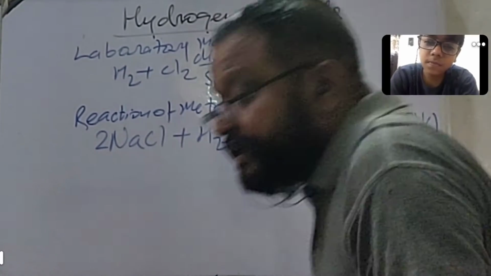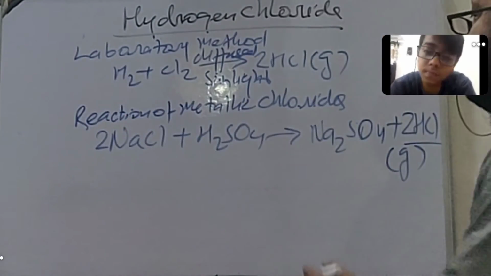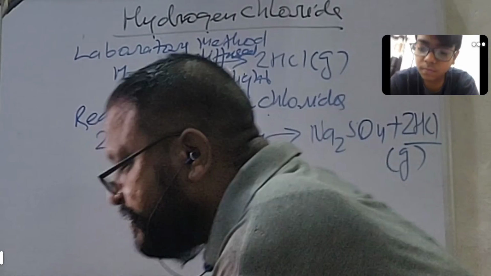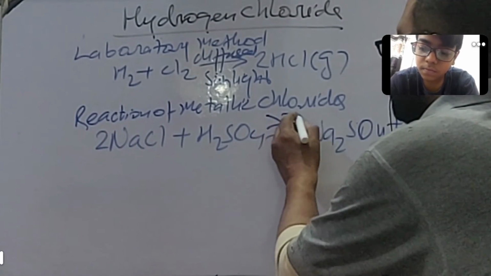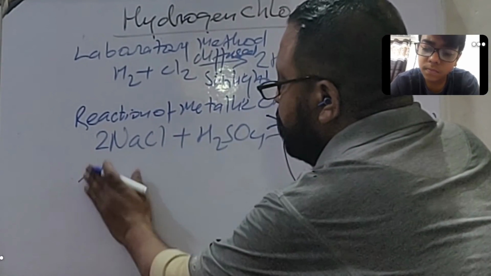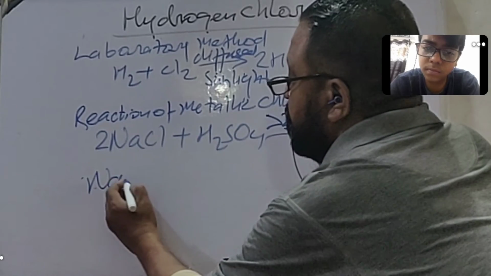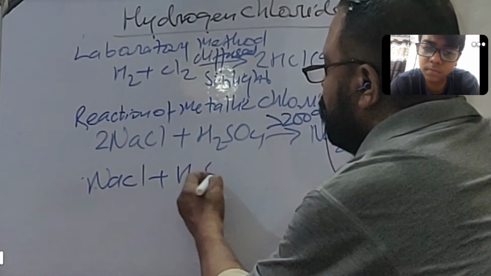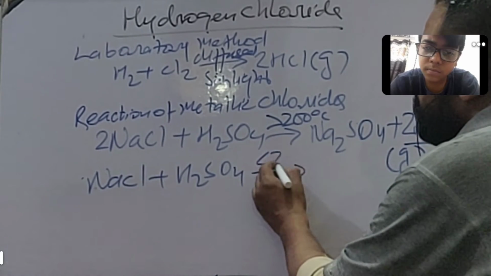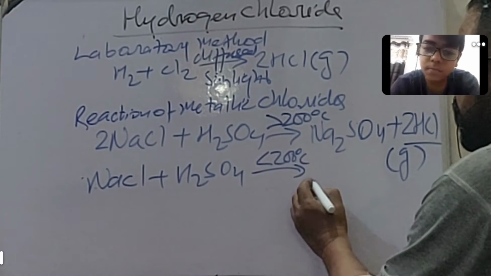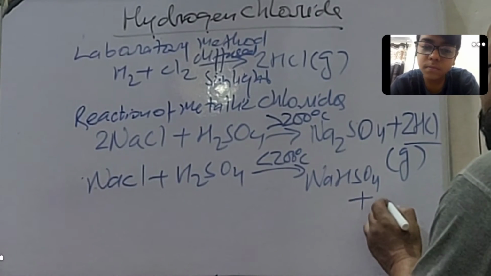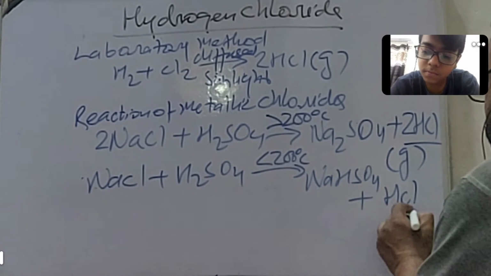If temperature is greater than 200 degrees Celsius, then we are getting this. Otherwise, NaCl plus H2SO4 at less than 200 degrees Celsius gives NaHSO4 plus HCl gas, right?